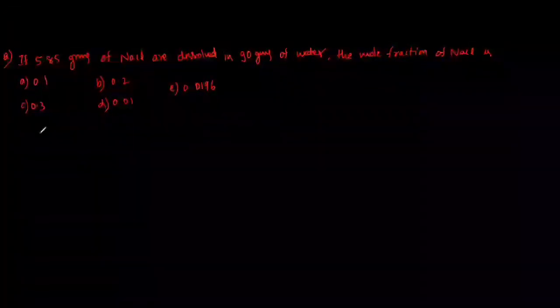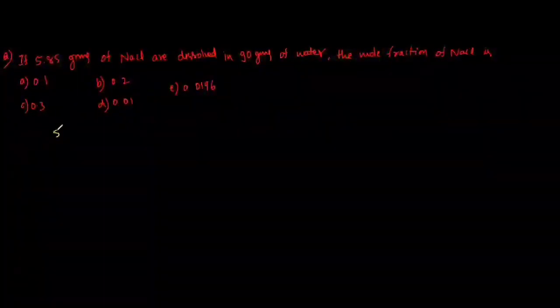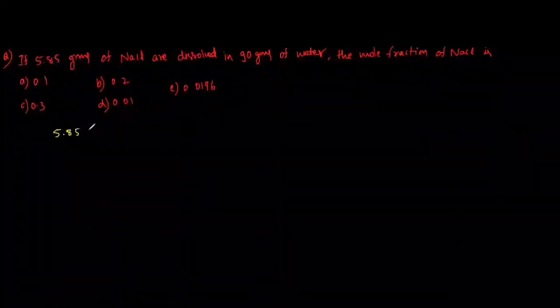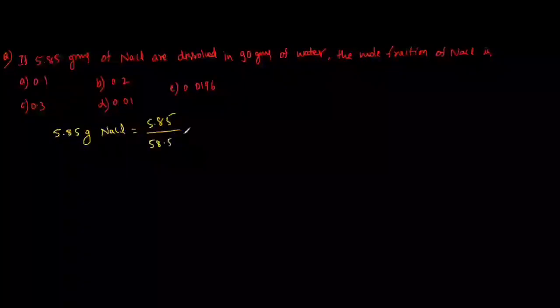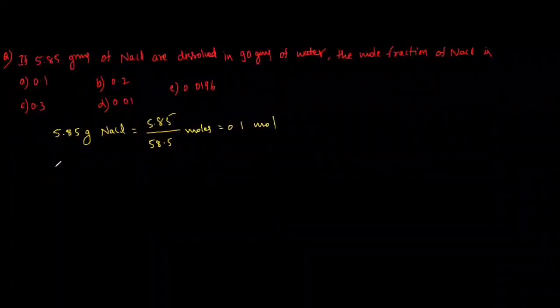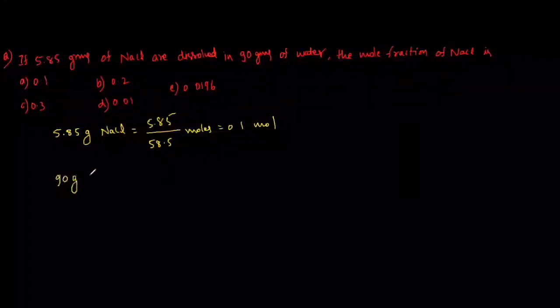From the given data, number of moles of NaCl is 5.85 grams, weight by molecular weight 58.5, that is equal to 0.1 moles of NaCl. 90 grams of H2O is 90 by 18, molecular weight of water is 18, that is equal to 5 moles.